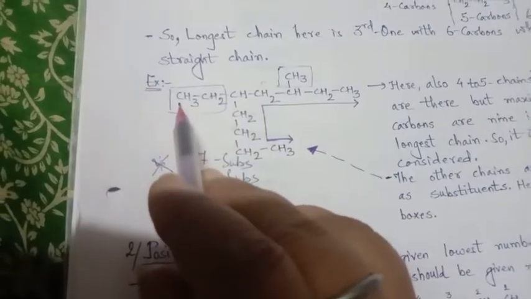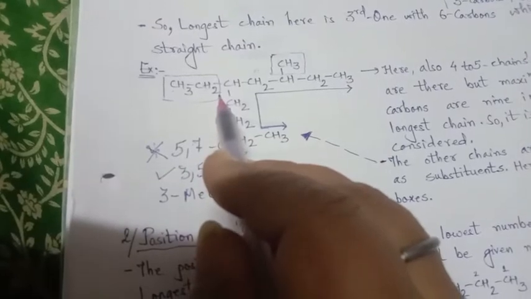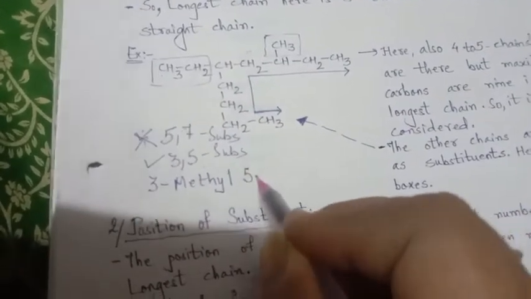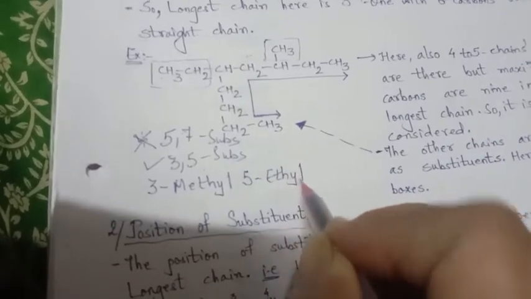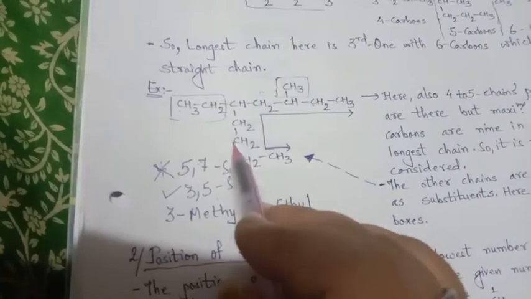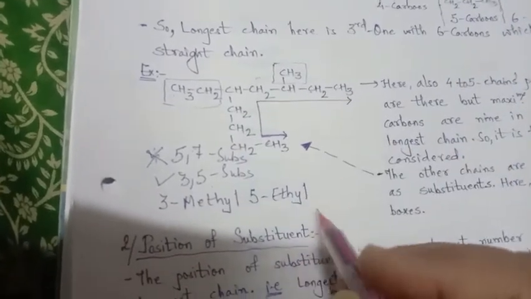Now this is 2 carbon and 5 hydrogen, so not ethane but ethyl. 3-methyl, 5-ethyl, and then 1, 2, 3, 4, 5, 6, 7, 8, 9, non, all single bonds, nonane.